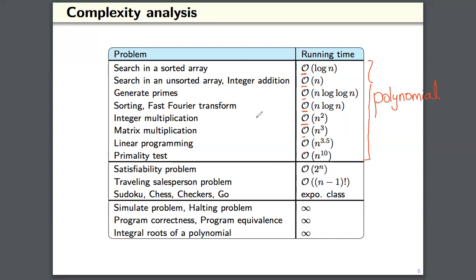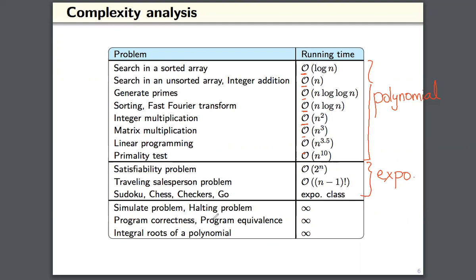Okay. Next, we have a couple of problems where the best algorithms we know of take exponential time. That means, is there a proof that there are no polynomial time algorithms to solve these problems? No, we don't have a proof.